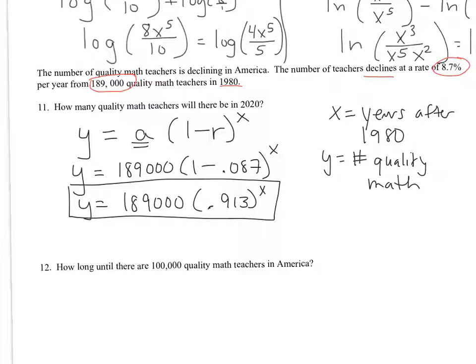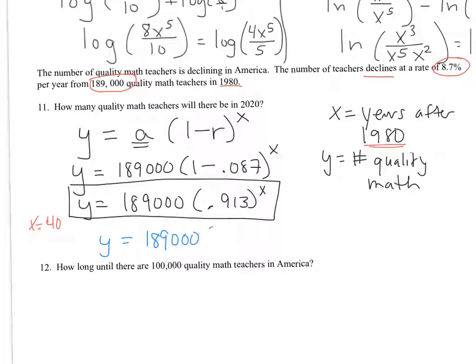Now in question 11 it says, how many will there be in 2020? Well, if we start in 1980 and we're in 2020, that would be 40 years afterwards. So we are saying the years is 40, so we're saying X is 40. So all I have to do is plug 40 in for X and I'll get my math teachers.